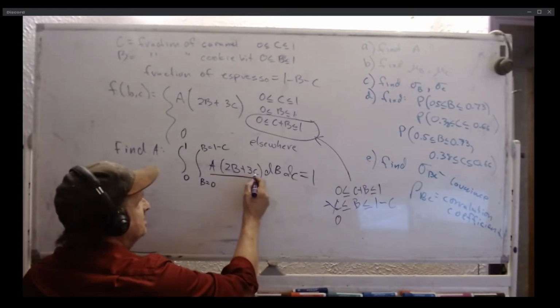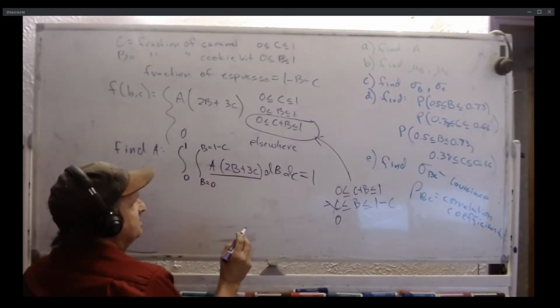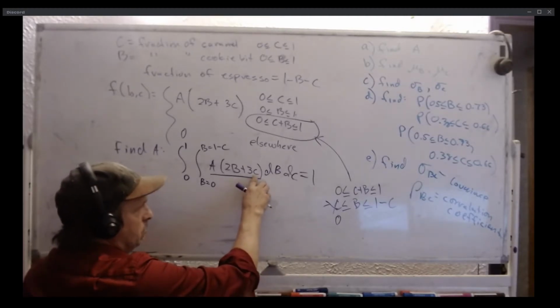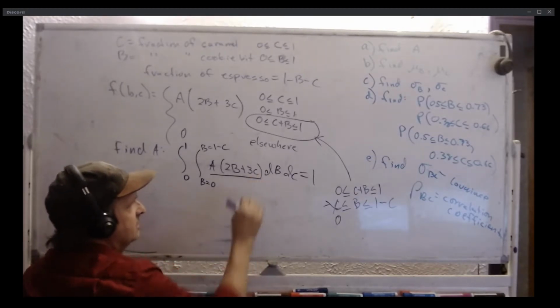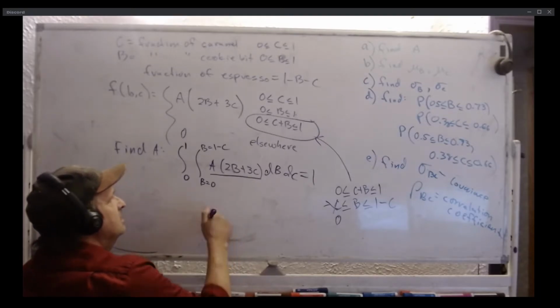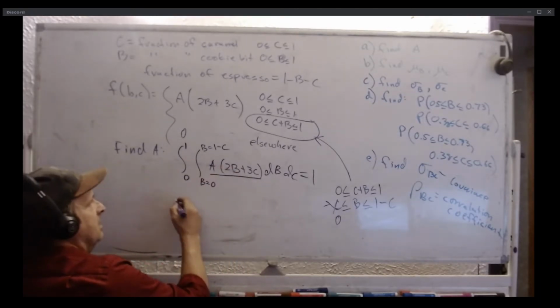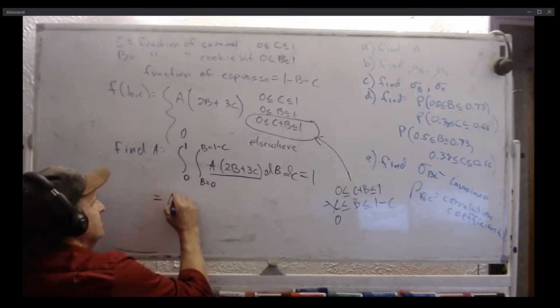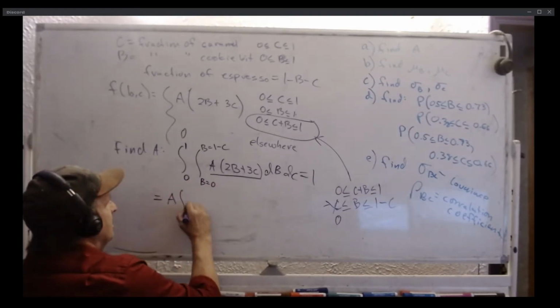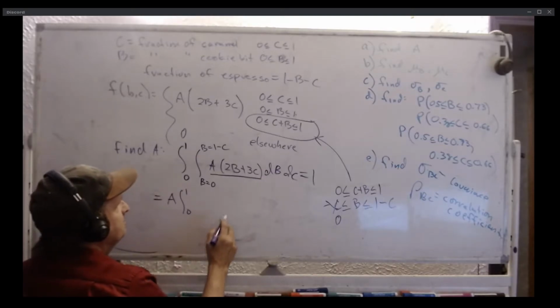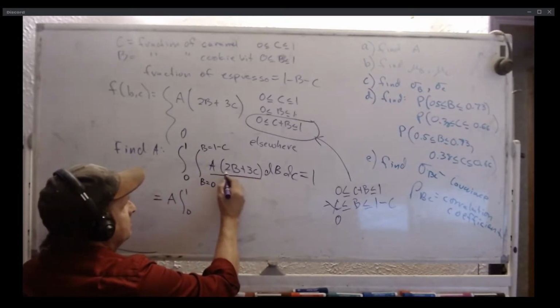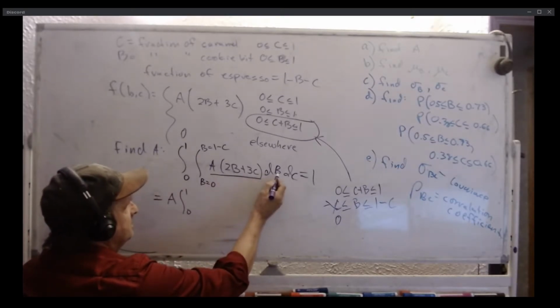C is a constant during the first integration, guys. So C is just a number, right? It's not to be integrated. So we're going to get, and I'm going to pull the A way out front, guys. Okay. So outer integral goes along for the ride. Okay. We're going to integrate 3b plus 2c with respect to b.